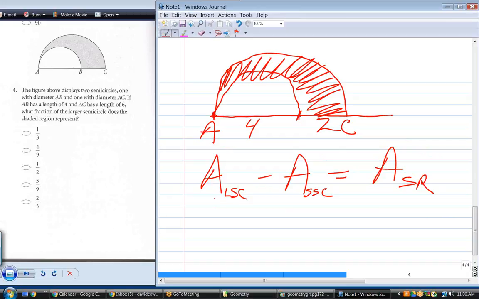The area of the large semicircle. Start with the general formula. What's the area of a semicircle? Area is equal to the square root of... No? Let's start with the area of a circle. Yeah, so its area is equal to pi r squared. So the area of a semicircle would be that over 2.